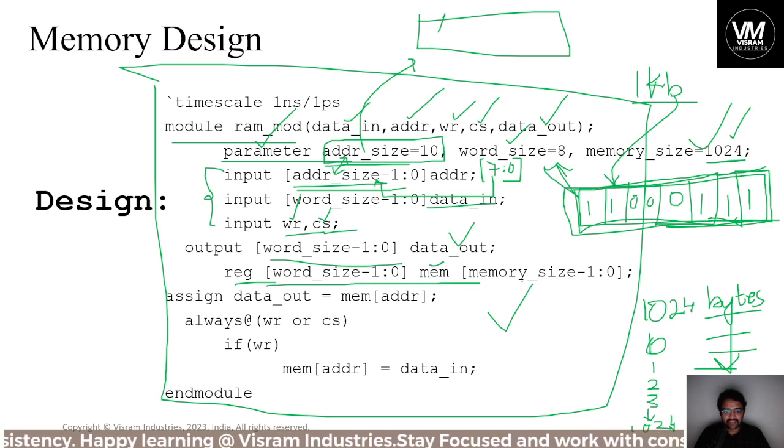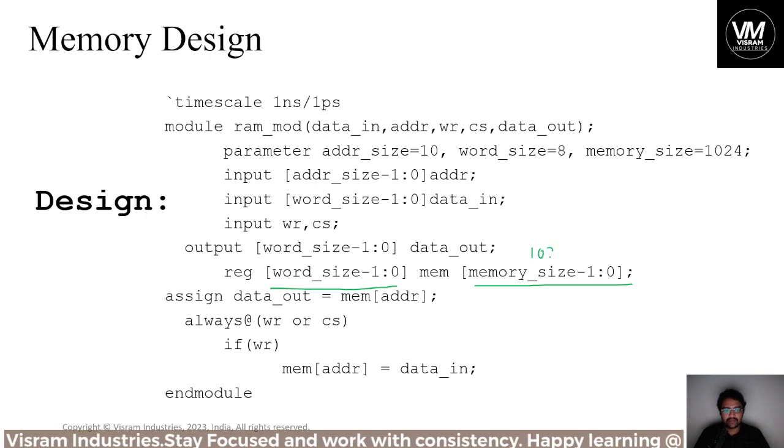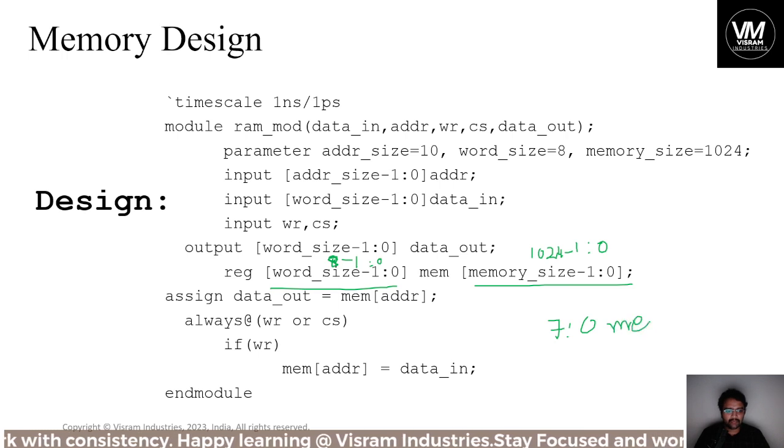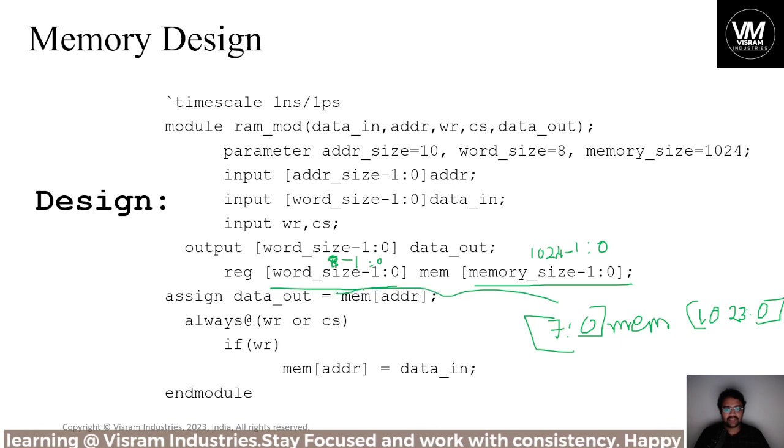Mem is represented in this way: 1024 minus 1 colon 0 and 8 minus 1 colon 0. What is it represented? 7 colon 0 mem and 1023 colon this thing. This is represented like this now.